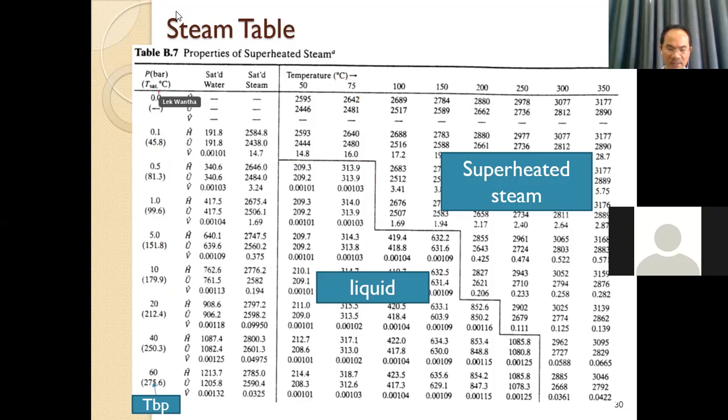This is in terms of pressure, and this is the saturation temperature, based on liquid. Saturation temperature of liquid means the boiling point, the point where liquid changes from liquid to vapor.